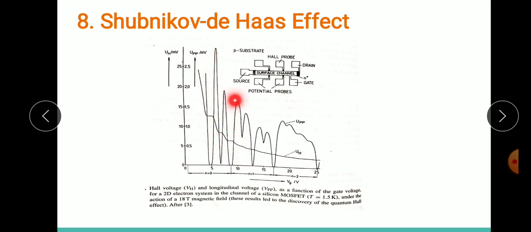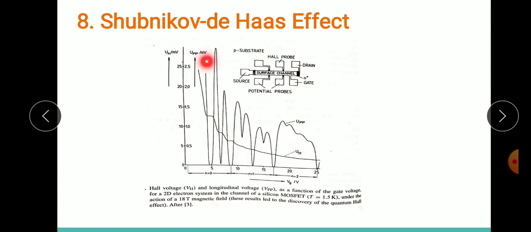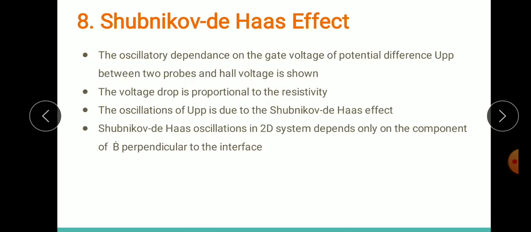In UPP we can see continuous oscillations. So why is this so? This oscillation is due to the SDH effect, where this voltage drop is proportional to the resistivity of your material.